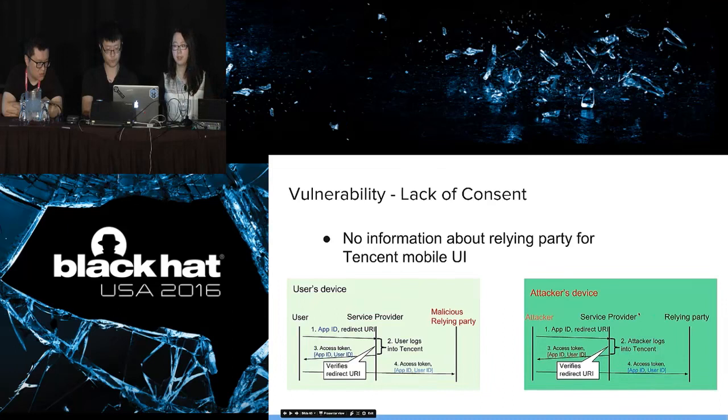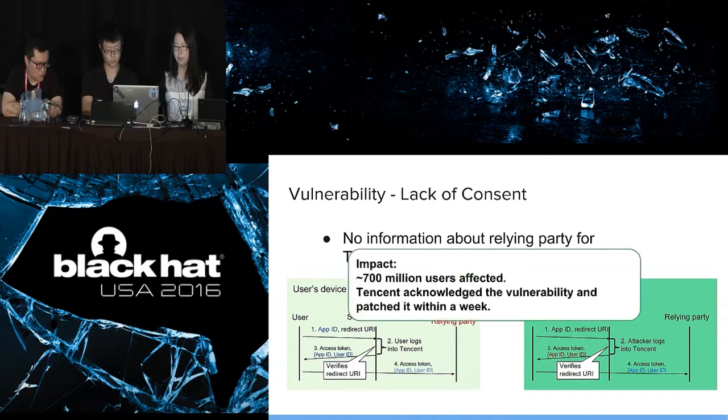And the relying party will think it's the same benign user. So the attacker can just log into the benign user's account and have full control over it. This attack had a very serious impact. Over 700 million users were affected, and Tencent acknowledged the vulnerability and patched it within a week.